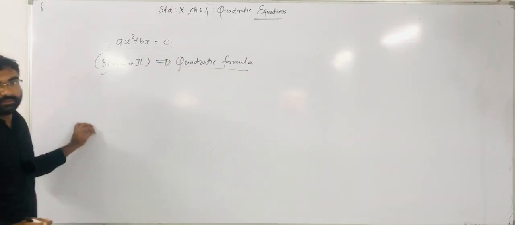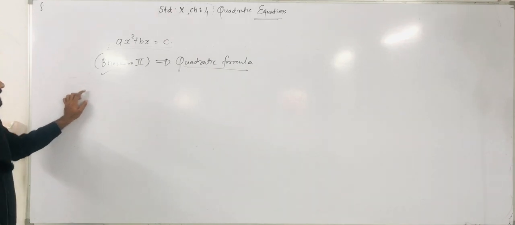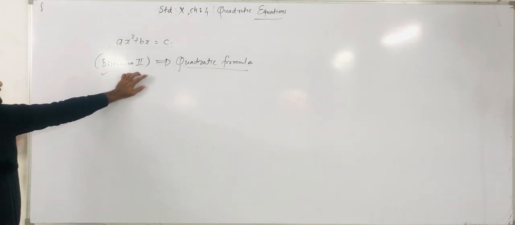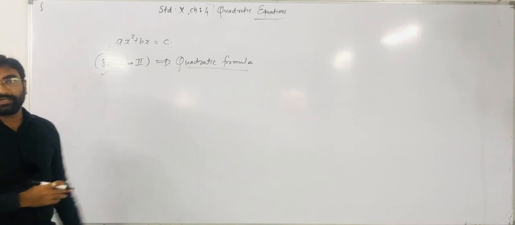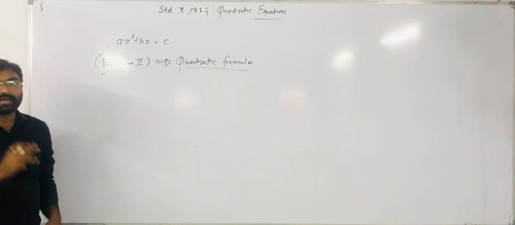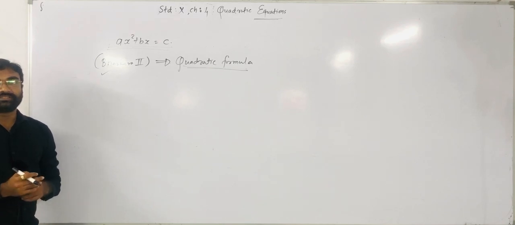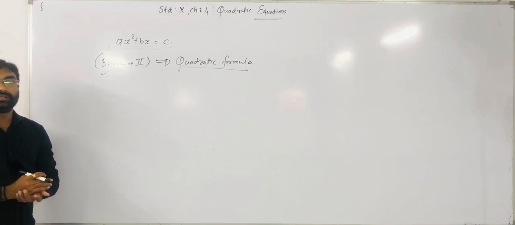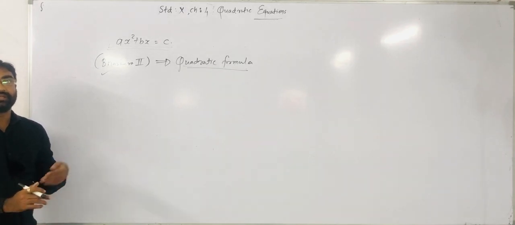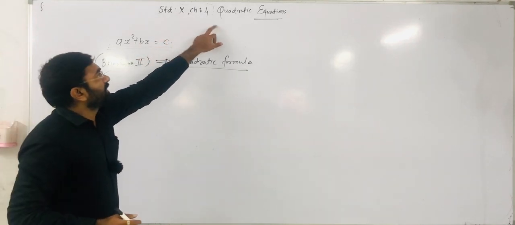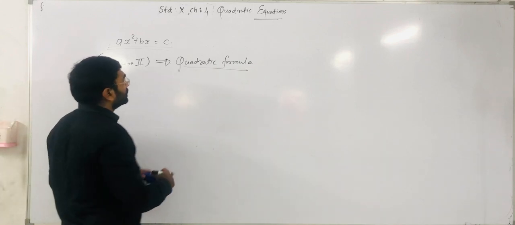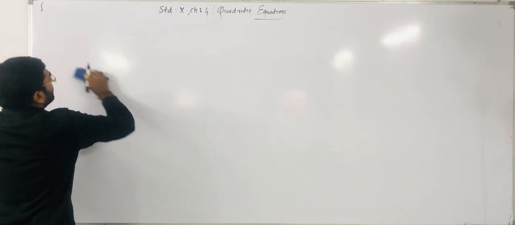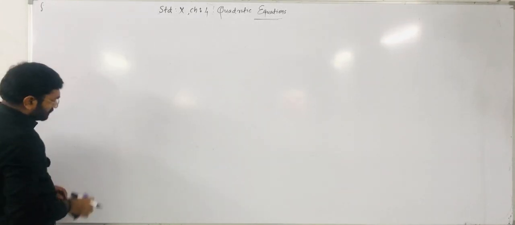This is very important, a 1 mark question. Bhaskara II derived the solution of the quadratic equation by which method? Quadratic formula. Okay, and one Arab mathematician, Al-Khwarizmi, also derived a different type of solution of quadratic equations. So try to remember that theory, because it may come as a 1 mark question.